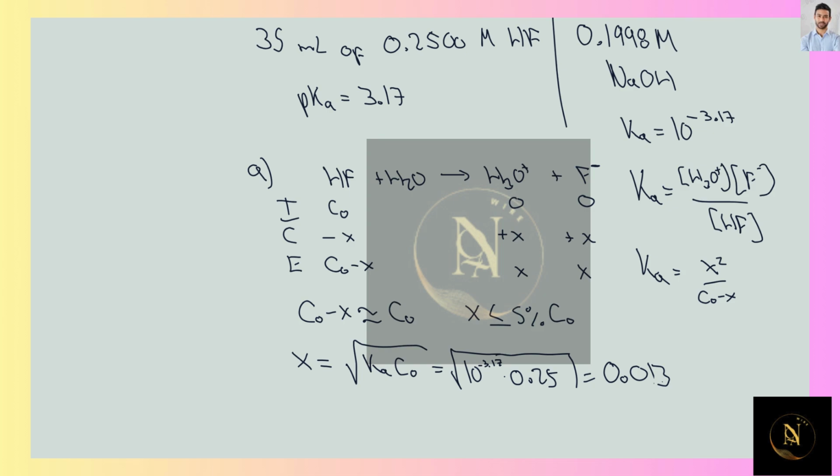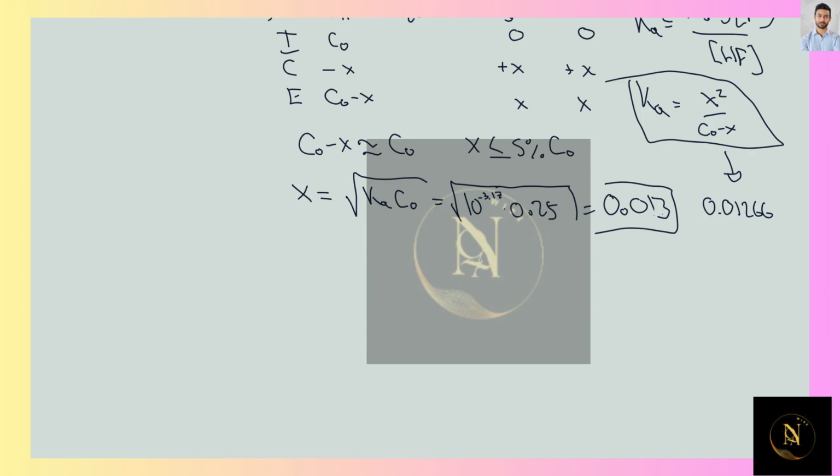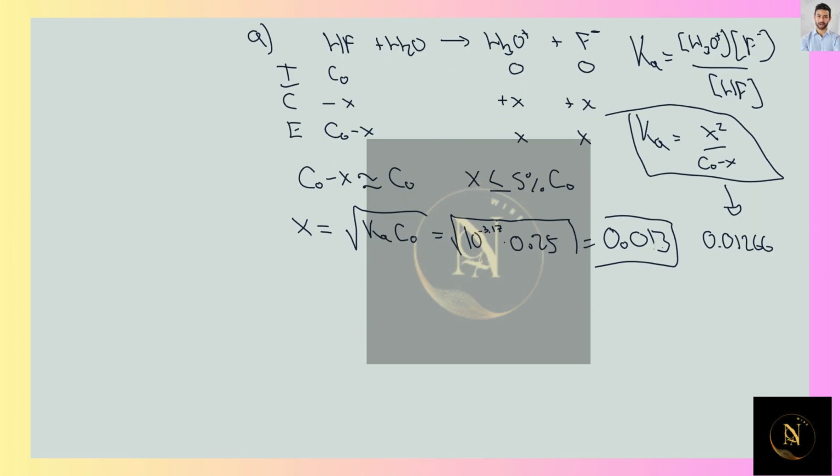Sorry, I meant that by solving the full quadratic expression, the result would be different. The 0.0125 is the result by our approximation. If we solve this directly for x, the value for x that we find is 0.0126. So what is this x? That x is going to be the concentration of H3O plus that we have, in both cases.